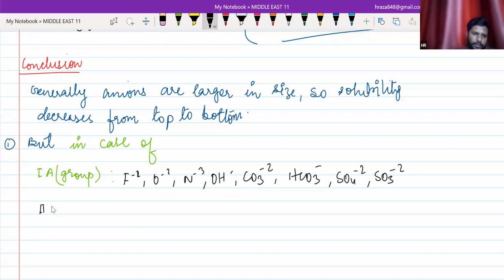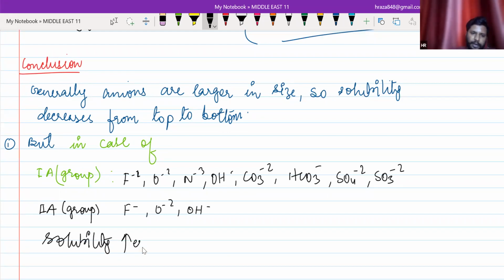And also from the second group, which means alkaline earth metals, with F-, O2-, or OH-, solubility increases from top to bottom.